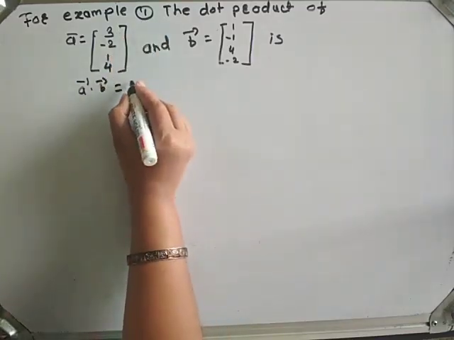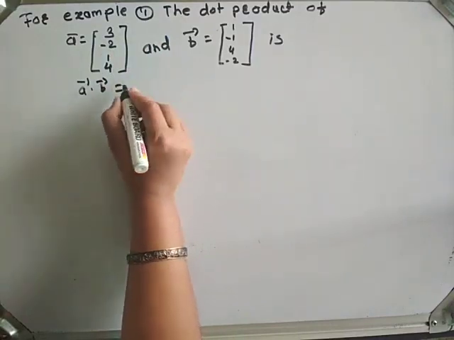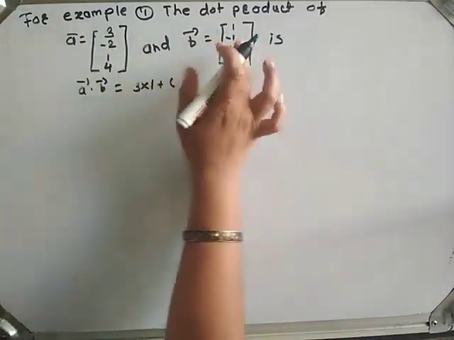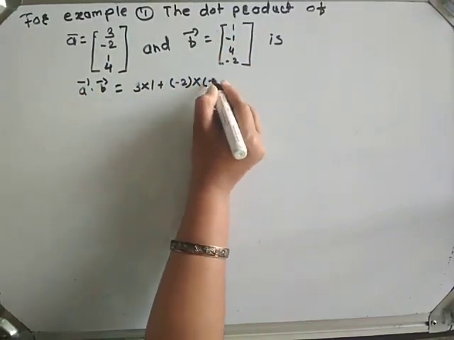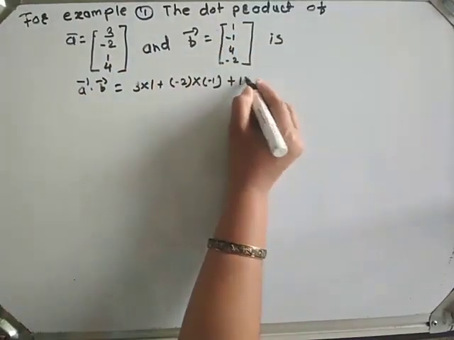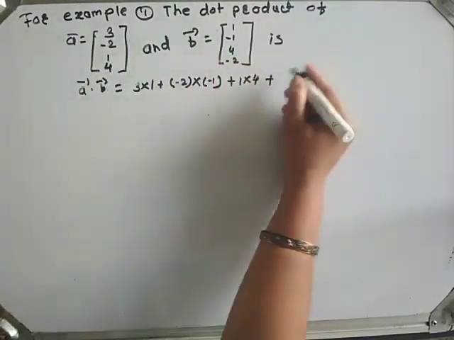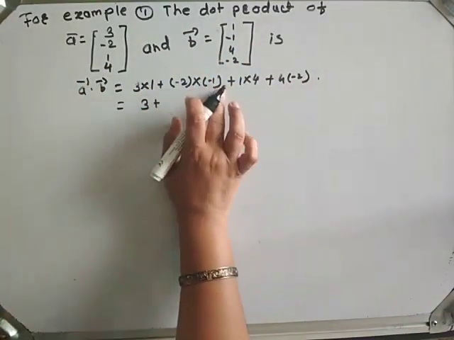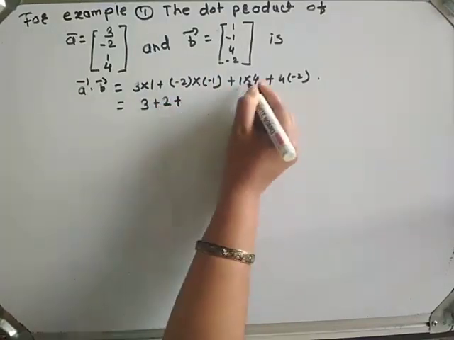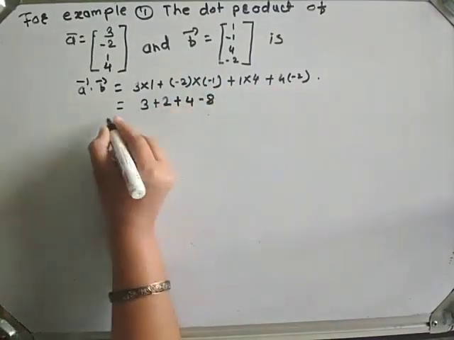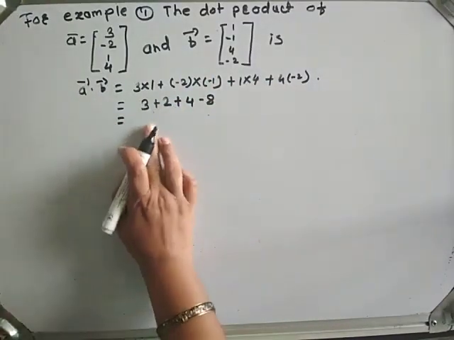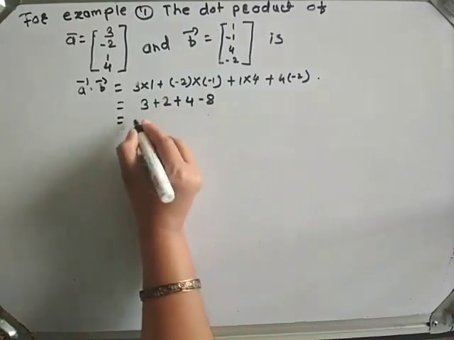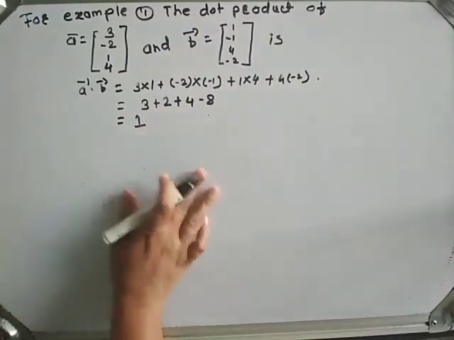Therefore, the dot product of a bar and b bar is equal to 3 into 1 plus minus 2 into minus 1 plus 1 into 4 plus 4 into minus 2, which is equal to 3 plus 2 plus 4 minus 8. 3 plus 2 is 5, plus 4 is 9, minus 8 is equal to 1. Therefore, the dot product of a and b is equal to 1.